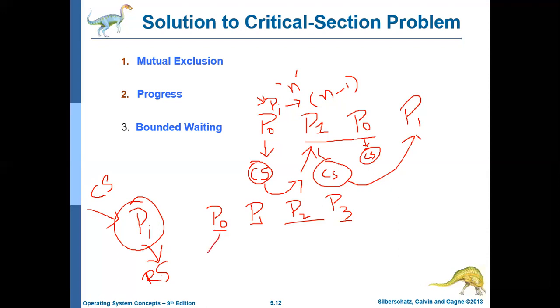First p0 should be allowed into the critical section. Once p0 completes, then p1, then p2, then p3. After p3, if pi wants again, then pi should get a chance. This is called bounded waiting.